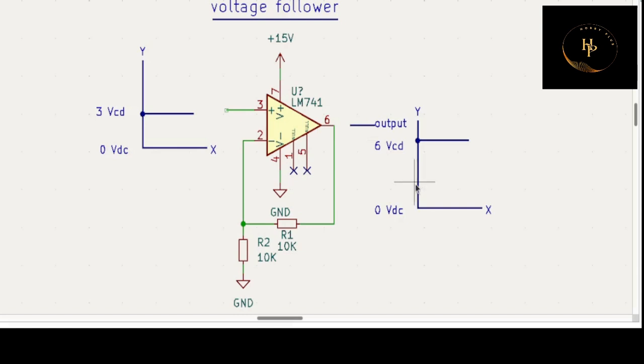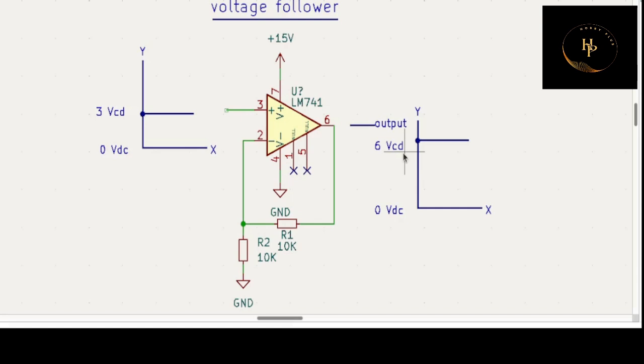And if you need 5 volt here, then you just design the network for 5 volt, then you put here 3 volt and you can get here 5 volt. If you need a signal amplification, then you also can do this and you get your higher signal from the output of the op-amp.